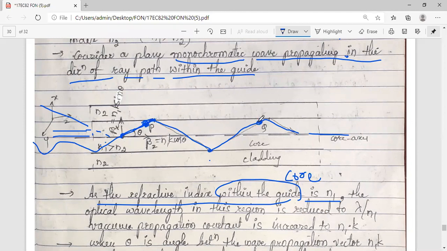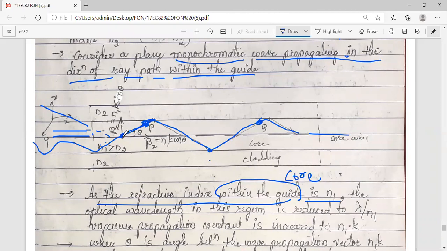So from point P to Q, whenever a wave travels, after total internal reflection occurs, a series of TIRs is happening. At point P and at point Q, if you see, there is a phase change in the wave.